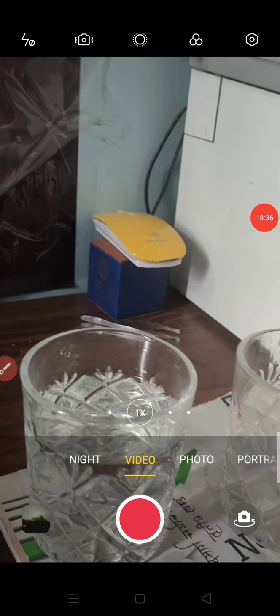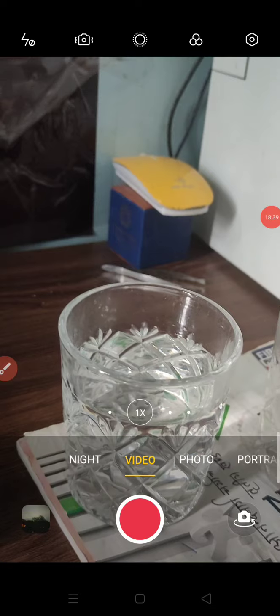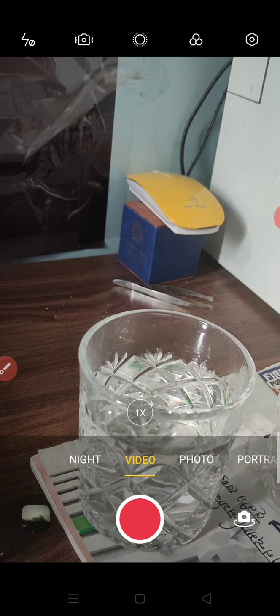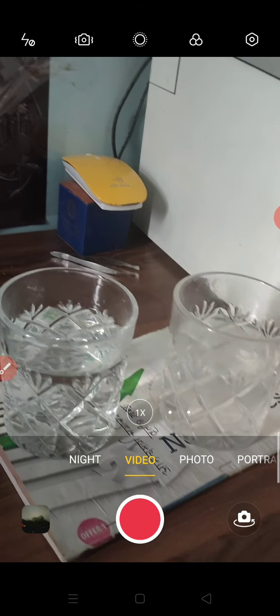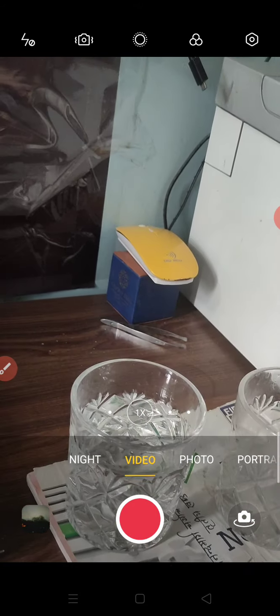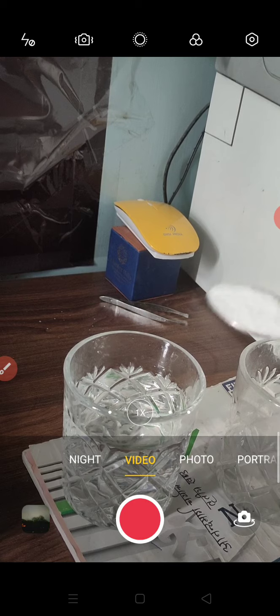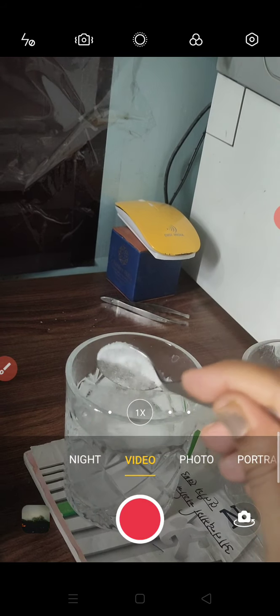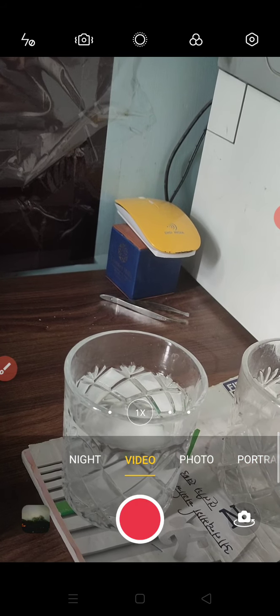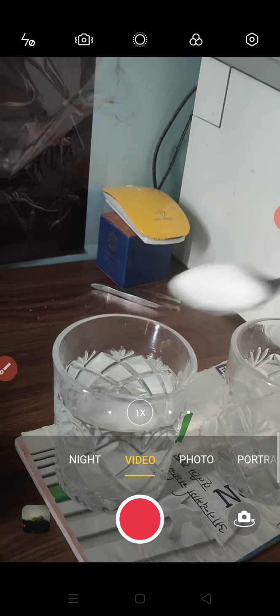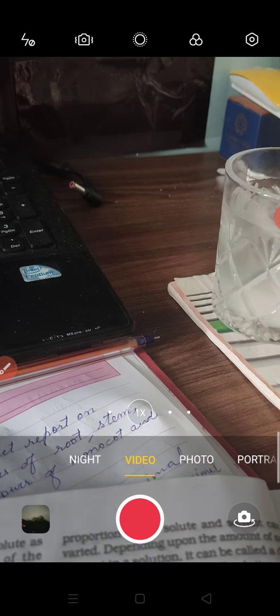Children, for this experiment you need approximately 50 ml of water, each in two separate glasses. So we have taken the same glasses that we took yesterday. Then add salt in one glass and sugar in other. So right now let us do it with salt. Keep on adding salt like this.